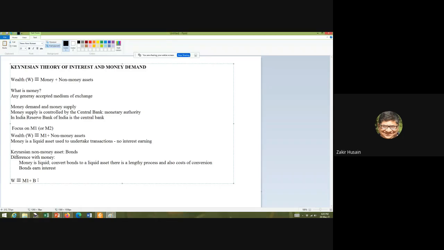For some reason, suppose, so this is in a stock situation. Now, suppose for some reason you want to increase your holding of money. So, right now you're holding 400 in the form of money and you want to increase it to, let us say, 700. So, you have excess demand for money.